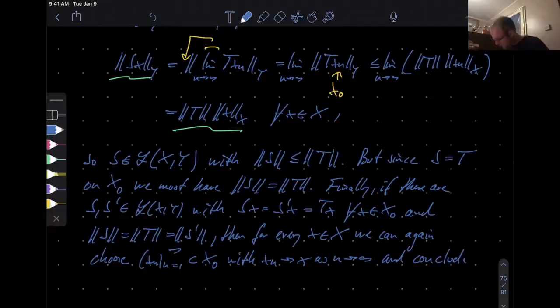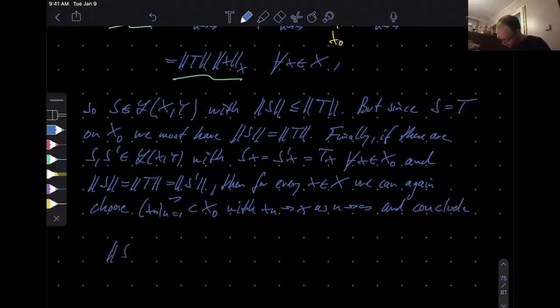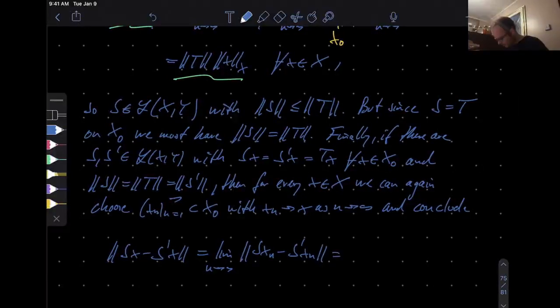And we can conclude that S of x minus S prime of x, well, the limit again goes out. This time I write it at once: the limit of S x_n minus S prime x_n. But remember, x_n is in X_0, and on X_0 both S and S prime match onto T, so this is in both cases equal to T x_n.